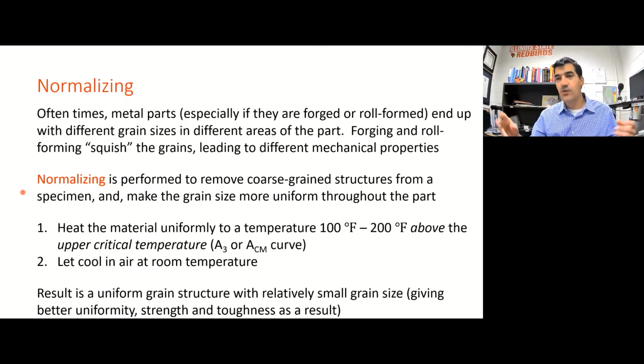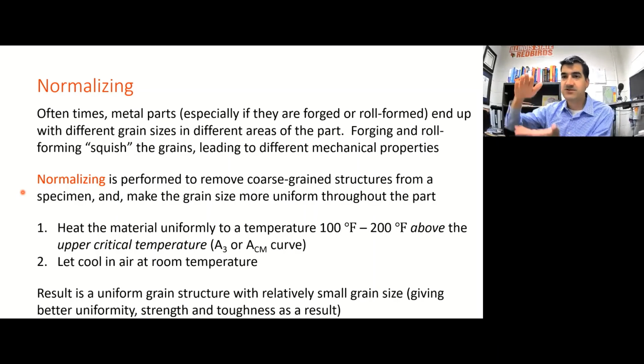What can happen in various manufacturing processes like forging, where you hit the part with huge, tons of force and form it into some part, or the rolling process where you're compressing it and squeezing it into a different shape, is that you deform the grains themselves in the part.